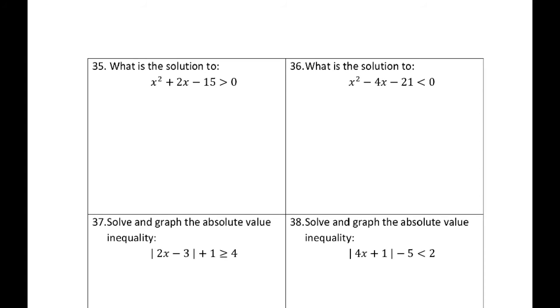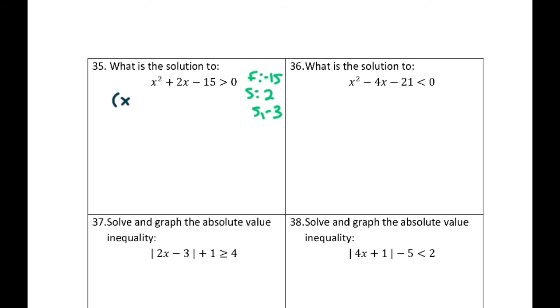All right. What is the solution to x squared plus 2x minus 15? So I'm going to factor this. I'm going to look for factors of negative 15 that have a sum of 2. So two numbers that multiply to negative 15 and add to 2. Those two numbers should be positive 5 and negative 3.